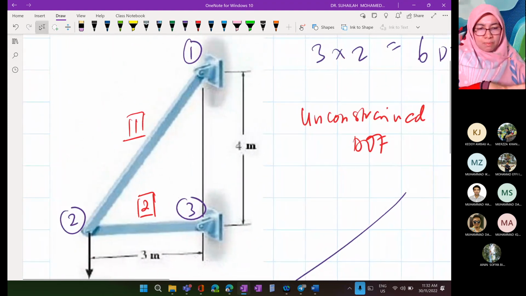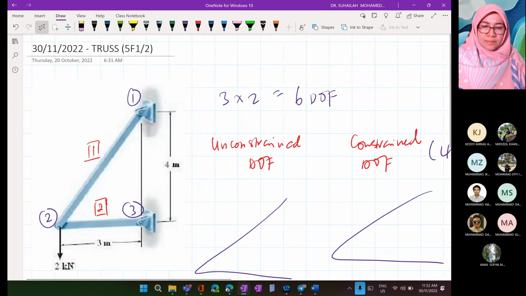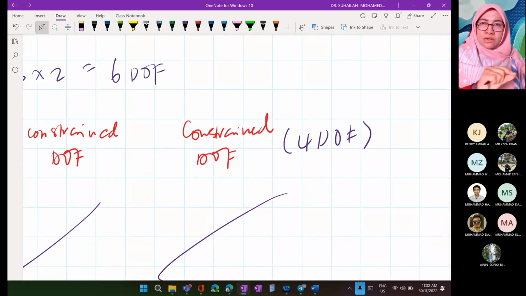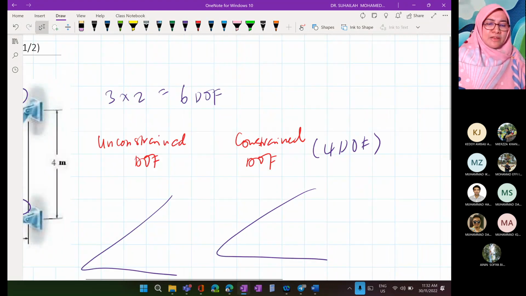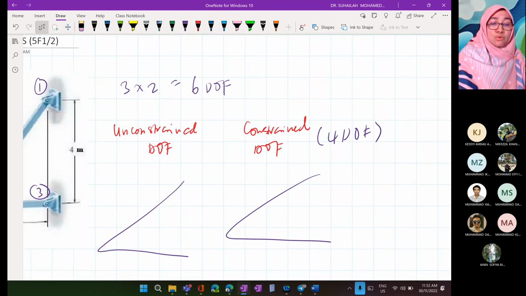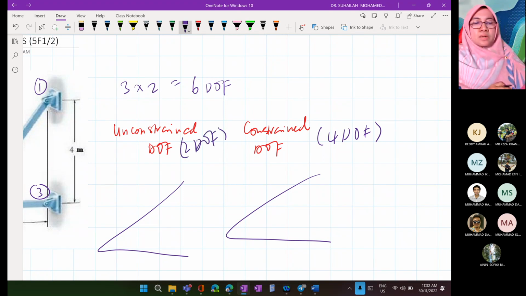There are two pin supports, so there are four unknown reactions, meaning 4 DOF in the constrained system. So if the constrained system has 4, the remaining is 2. There are 2 DOF here. The total will be 6.